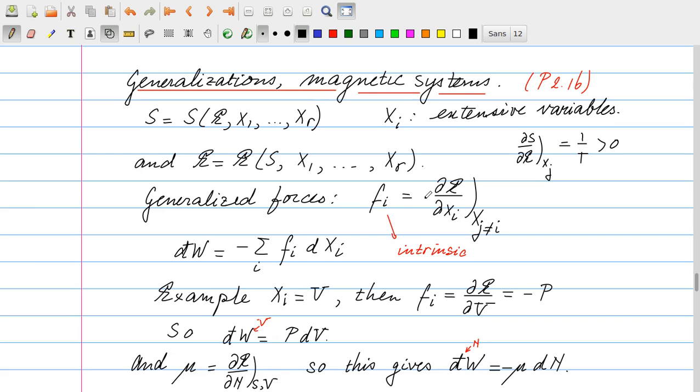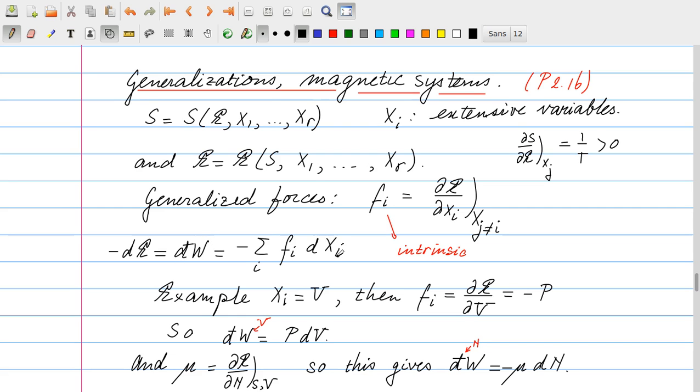So F is just the derivative of E with respect to Xi, and therefore if we look at a small change of the energy due to the fact that the system does any work, we can immediately infer from this equation, using a Taylor expansion, that this would be minus the sum over i of Fi dXi. So if I vary the parameters Xi a little bit, then I have a change in E, and that is then the dW.